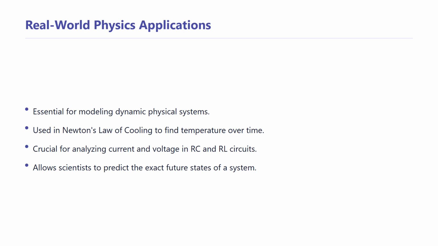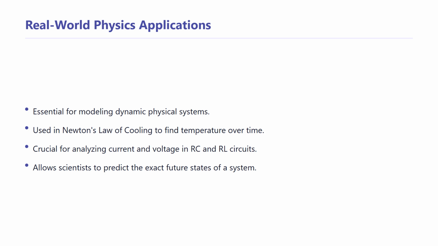This brings us to why we care about this in physics. You might be wondering why we go through the trouble of finding this multiplier instead of just using computers to guess the answer. The truth is, the integrating factor is the backbone of modeling countless dynamic systems in physics and engineering. Without it, we could not easily find exact analytical solutions to real-world problems.